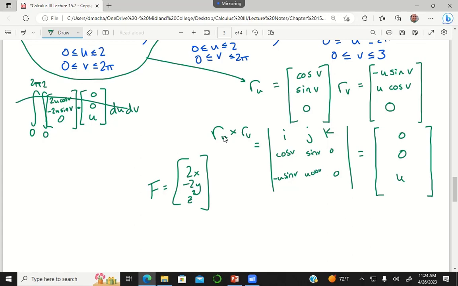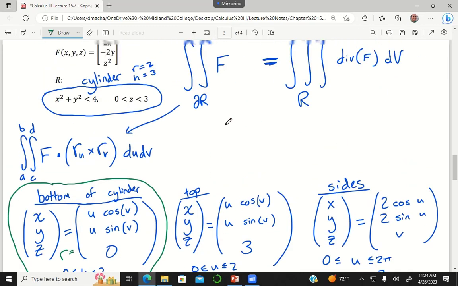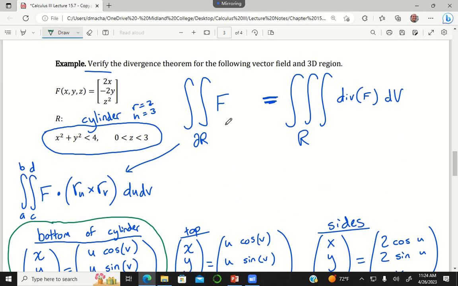I don't have to worry about any flux over the disk on the bottom of that cylinder, okay? There's no vectors passing up through the bottom or down through the bottom of the cylinder. And we actually could have figured that out by looking at the vector field. Because the bottom of the cylinder is flat, there's not going to be any flux through it unless there's a vertical component to the vector there.